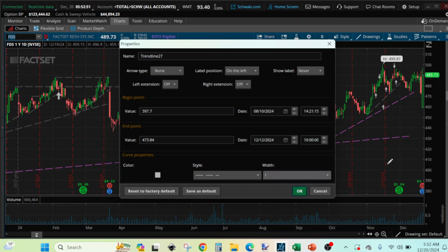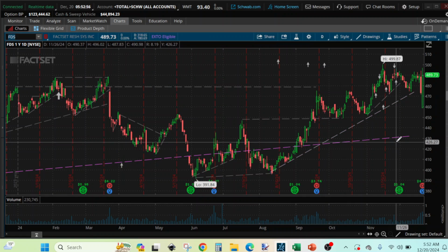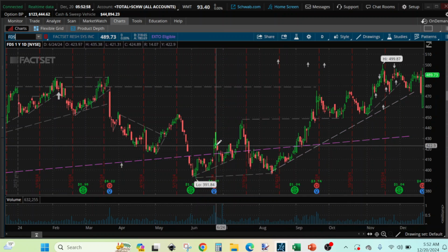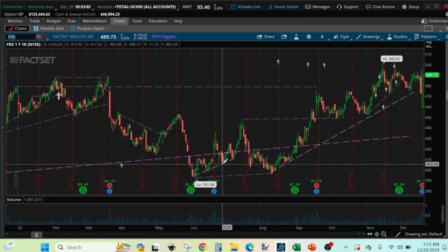We'll take the gray out of there, and this does not respect it. Let's see, it has a W here, and then it went that way.